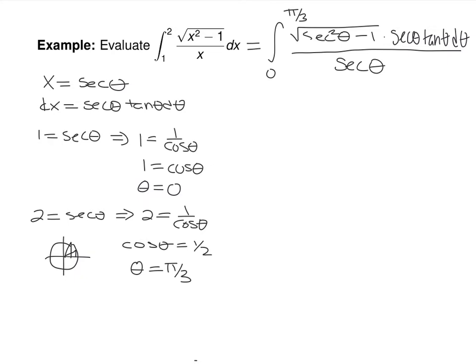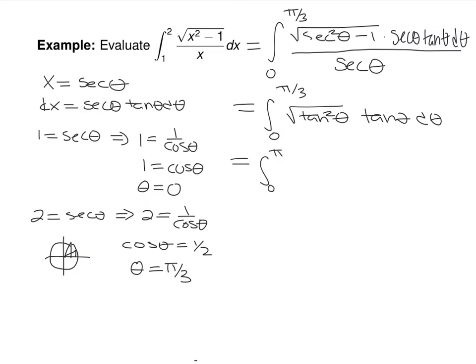So those secants cancel. Inside the root sign we have tan squared, times the tangent theta outside. So that just becomes the integral of tan squared theta from 0 to pi thirds.